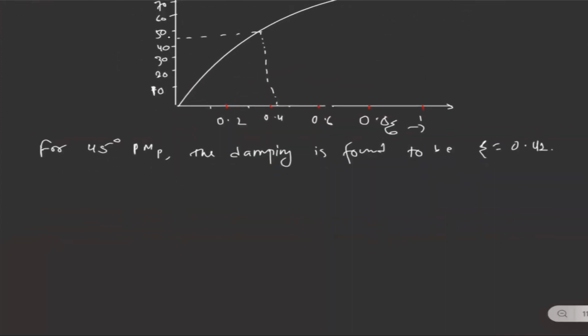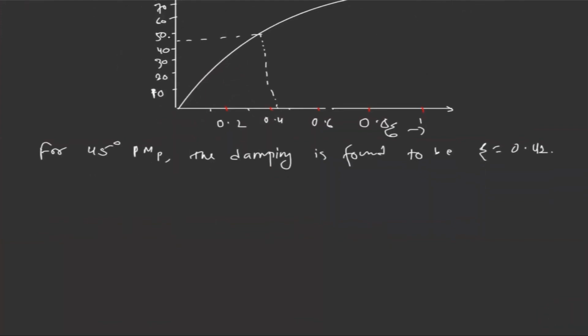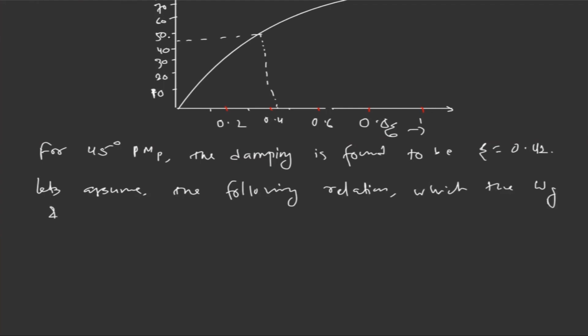Now let's find the gain crossover frequency from the relation between the rise time, settling time, and gain crossover frequency. So let's assume the following relation, which relates the omega g and rise time tr.